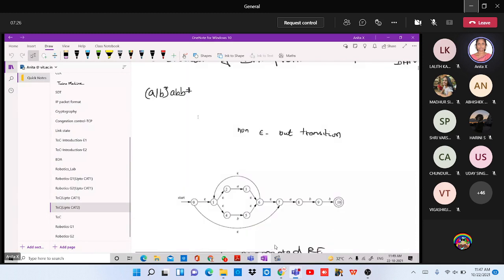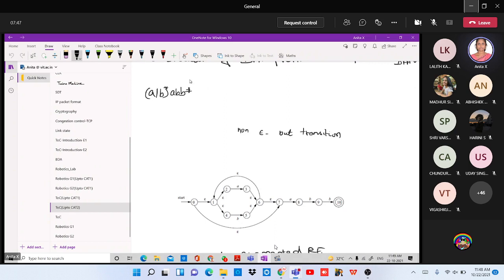So what is the first step in direct construction of DFA? First, we have to convert the grammar to an augmented grammar. Augmented in the sense that we have to add something.